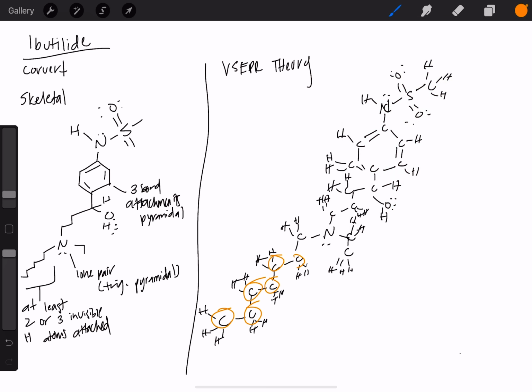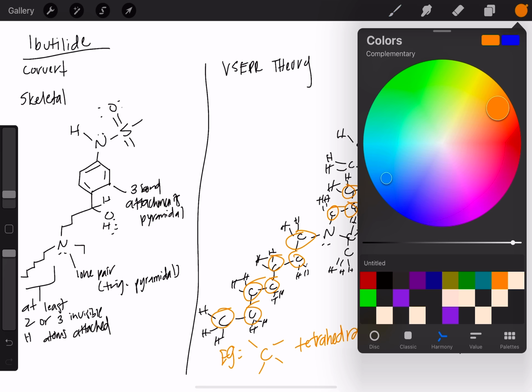They have 4 single bonds attached. So we can look for all the other ones that have 4. There's one, there's one, there's one, there's one, there's one, there's one, there's one, and there's one. Quite a few here. There is going to be some patterns in the VSEPR theory, making it easier to label certain things.